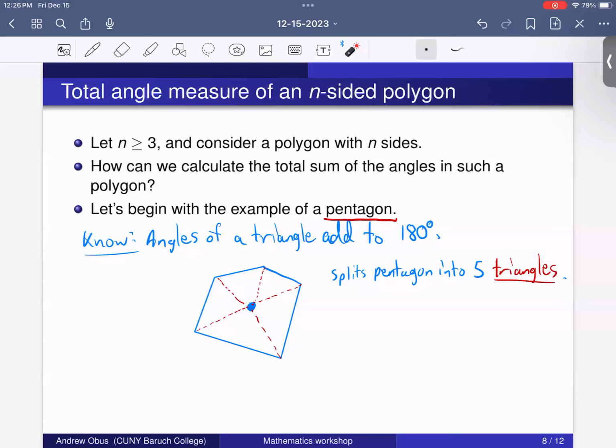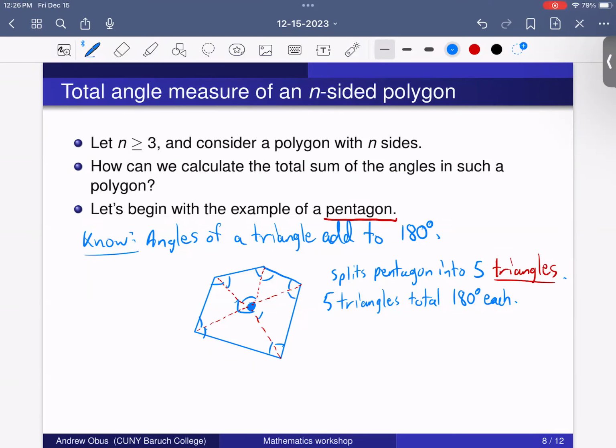All right, so it splits the pentagon into 5 triangles. Now we know that each triangle has 180 degrees, right? So the 5 triangles total 180 degrees each. So if we add up all of the angles in all of these triangles, I just take every angle here.